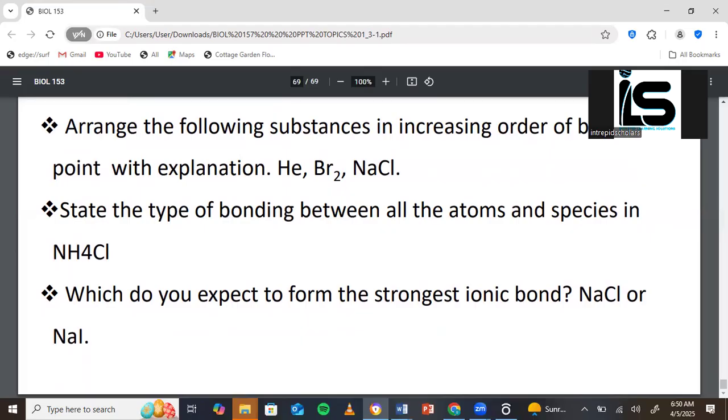Now they are asking us to state all the types of bonding in ammonium chloride. Let me work on that quickly. Ammonium chloride, so this is the structure of ammonium chloride.